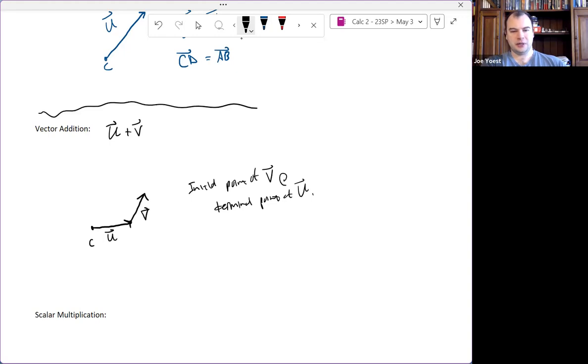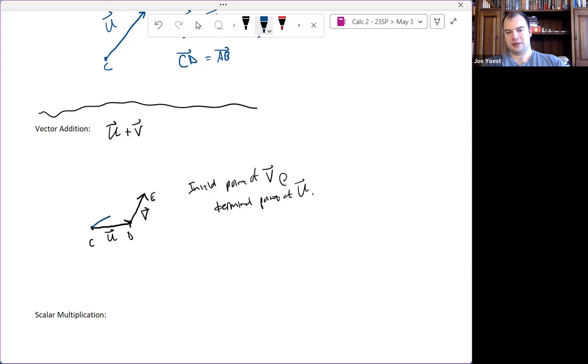So let's say U bar goes from C to D, and then V bar might go from D to E. For U bar plus V bar, I think of traveling along U bar, then traveling parallel to V bar.